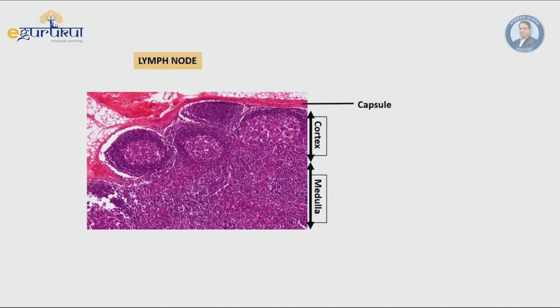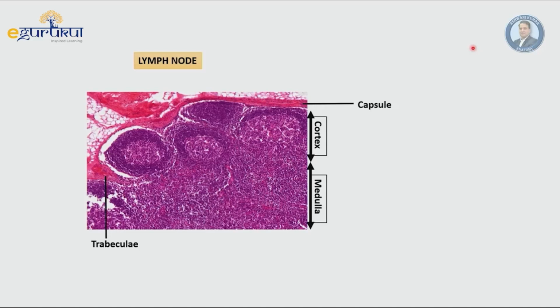Now, this capsule which you see on the surface is also sending extensions inside the cortex region, especially dividing the cortical part, and these are called trabeculae. You will see long trabeculae present through the cortex, dividing the cortical part where the lymphatic nodules are present.